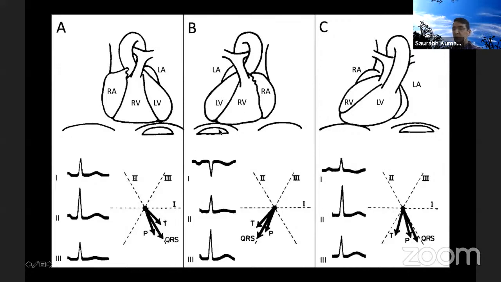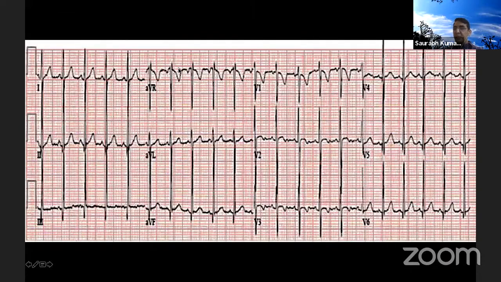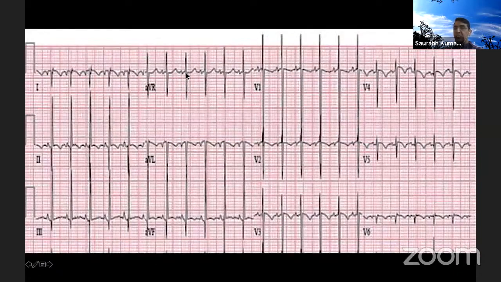While if it is situs inversus and right atrium on the left side, we can see the P wave axis is on this side. And you will see the same findings on ECG, where the P waves are inverted in aVR in the situation of situs solitus, while they will be upright in the situation of situs inversus.